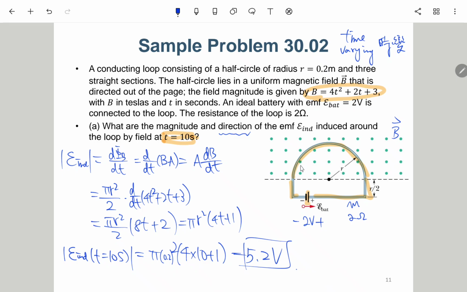So B field is pointing out of the page and also increasing. So B induced should be into the page, and the direction should follow the right hand rule. You use your thumb pointing into the page, your fingers will be clockwise. So the current will be like this.